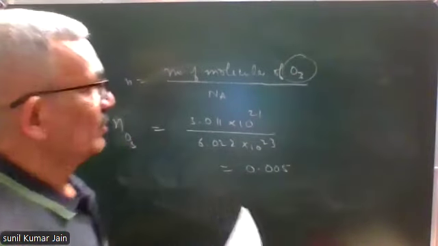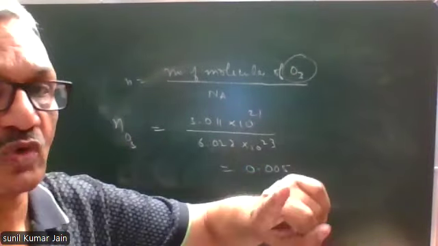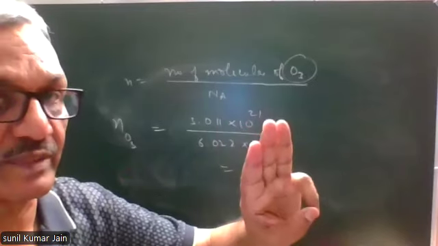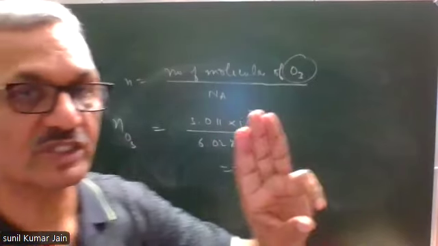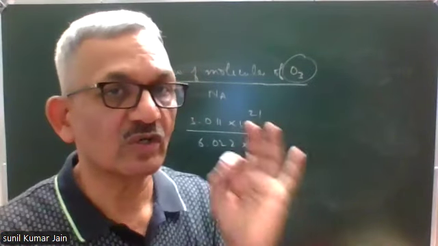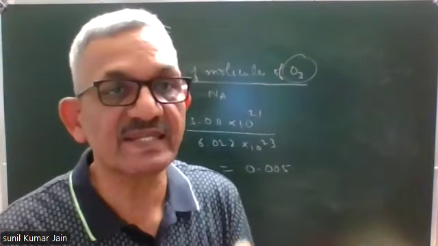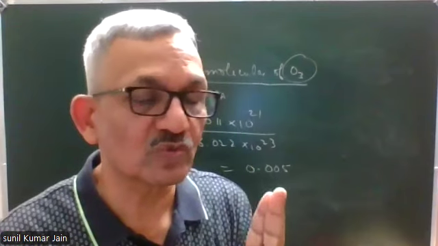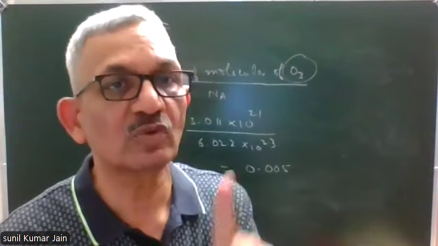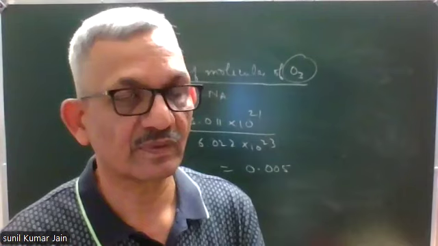Now, you can see one molecule of ozone contains 3 oxygen atoms. It means I can say 1 mole of ozone contains 3 moles of oxygen atoms, right?